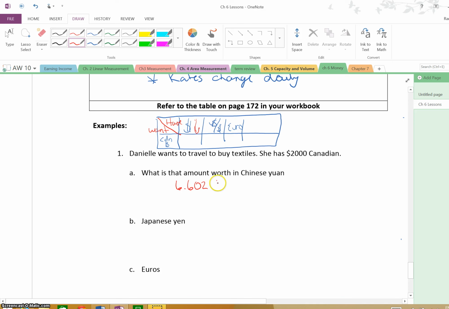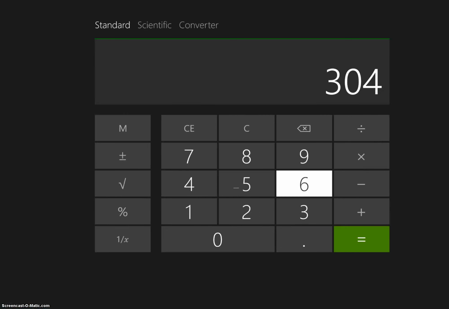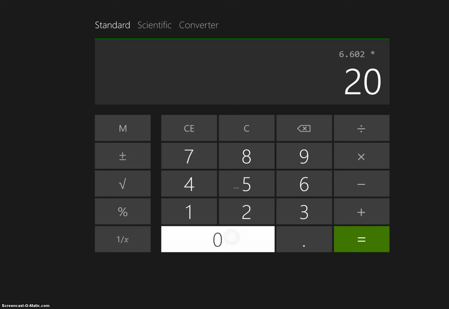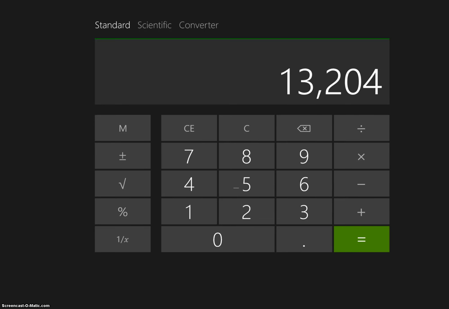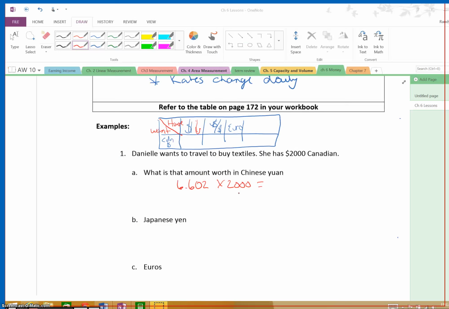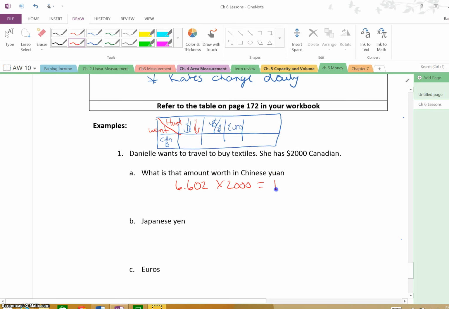So I'm going to take that, multiply it by the $2,000 Canadian that Danielle has. So 6.602 times 2,000. So she'll end up with 13,204 yuan.